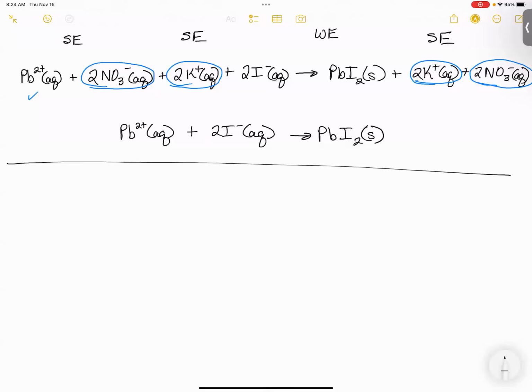It all depends upon what you're trying to discuss, whether you're trying to discuss just what it appears like or whether you're actually describing what goes on. Yes. So the longer reaction is the complete reaction, and then the one without the spectators is just the net. Correct. Other questions?